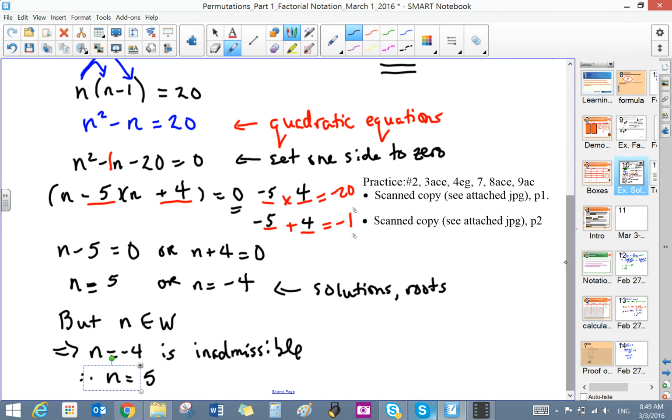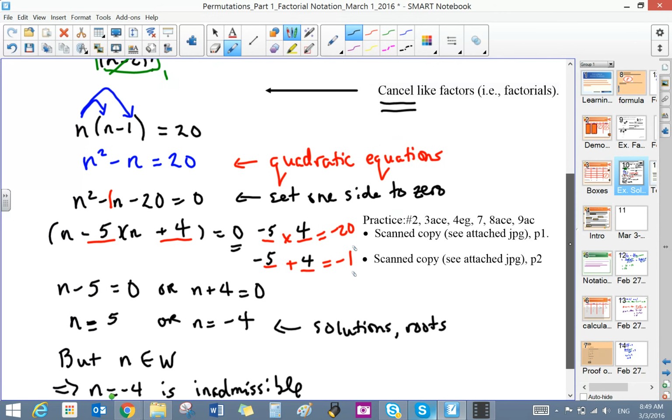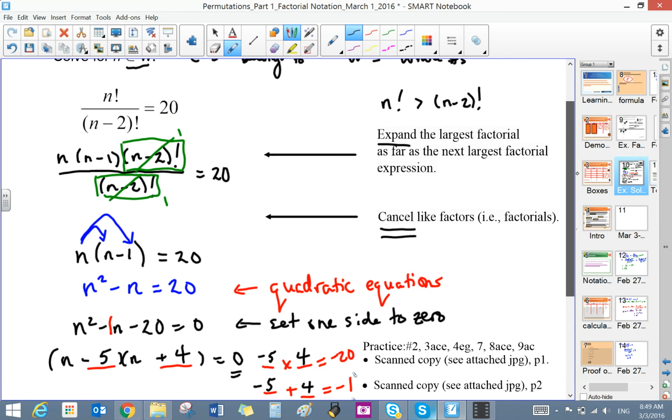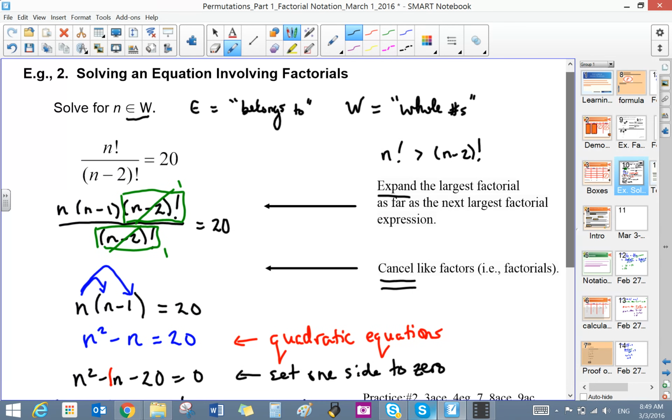So if we go back and check the solution, always a great idea, if we were to take that expression and substitute in 5 as our value, and simplify or evaluate, that's 5 factorial over 3 factorial.